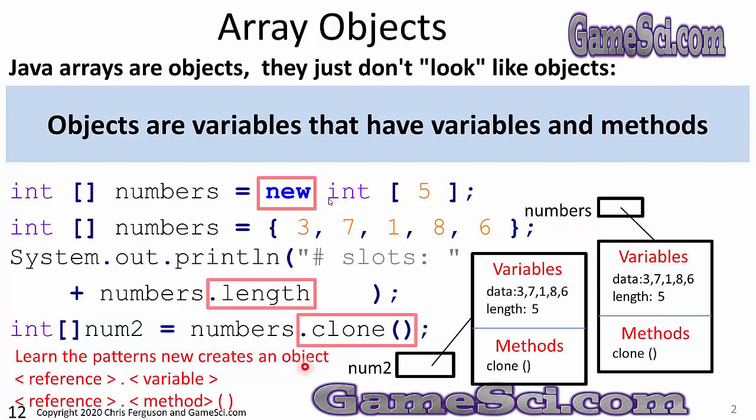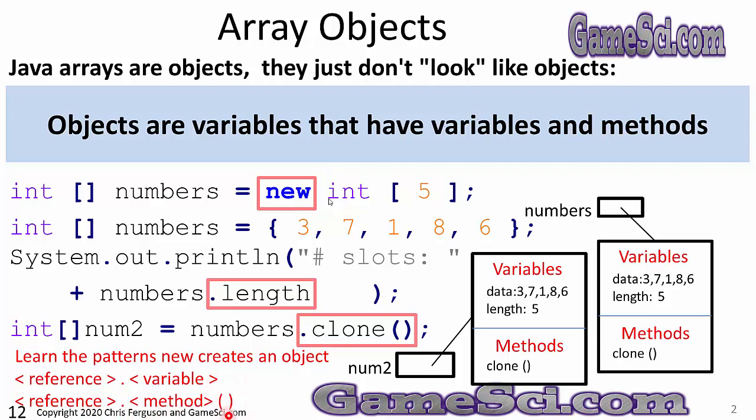Learn the patterns. New creates an object. Whenever you see new being used, assume this is a reference variable that will point to an object. Reference.variable with no parentheses: when you see the dot operator used, followed by something without parentheses, you are talking about accessing a variable inside the object, like the length variable.